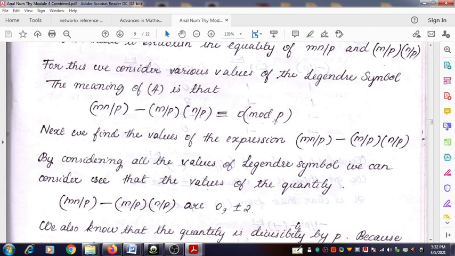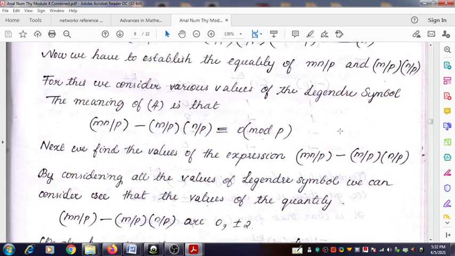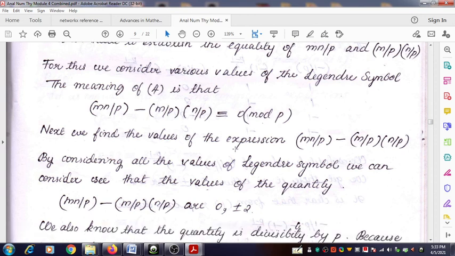Since the number p is an odd prime, it cannot be 2, and that is the important thing. The prime number p cannot be equal to 2. Therefore the possible values of p start with 3, and it may be 5, it may be 7, and like that it goes up to infinity.